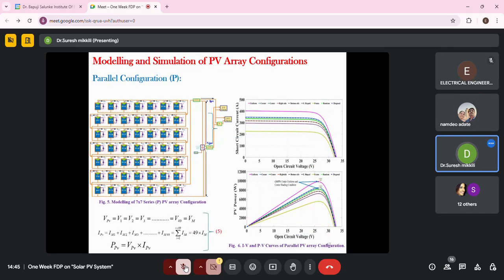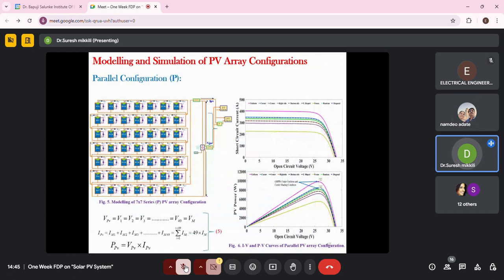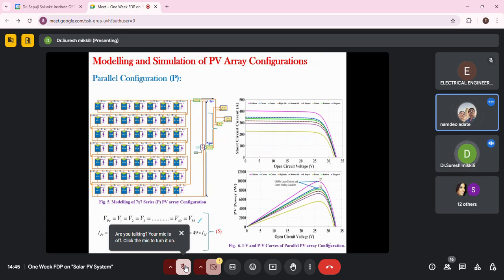Now we will see whether the parallel configuration will give better results. All are connected in parallel, no variations. In parallel configuration, voltage will be equal to one module voltage, which is 32.9.